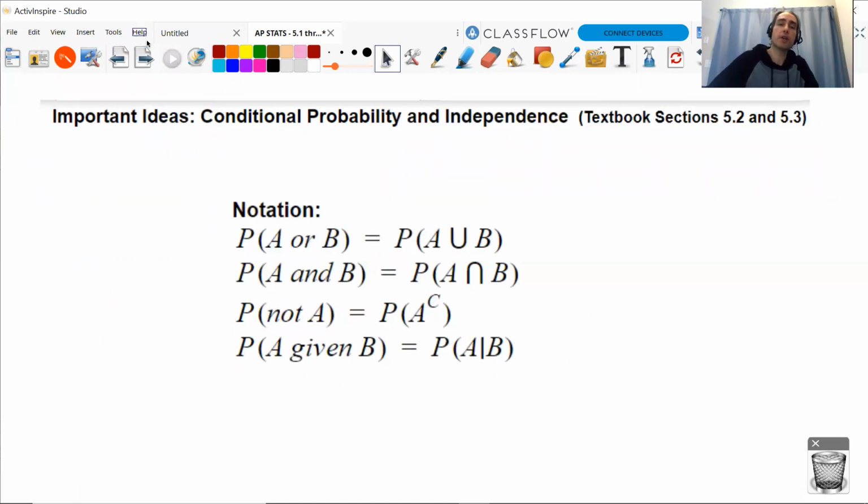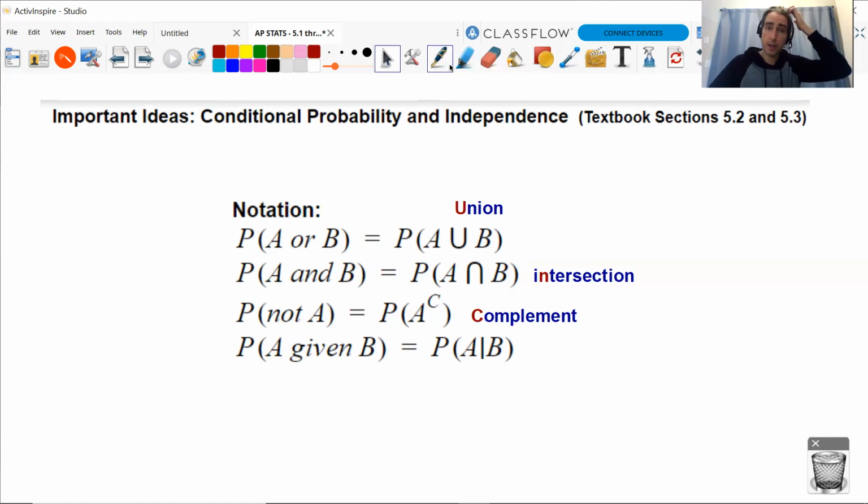Let's talk about notation. You're going to see some formulas in your textbook and on formula sheets, and you'll see symbols like this U and this upside down U. For A or B, think about or being union, the combined U. Think about and being intersection.